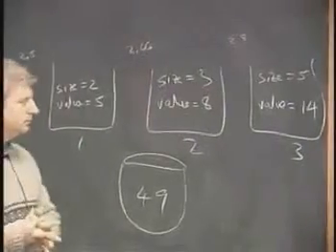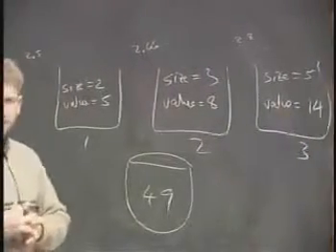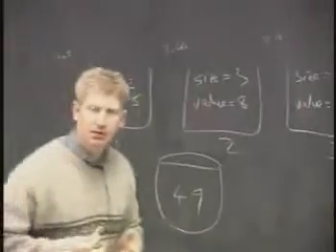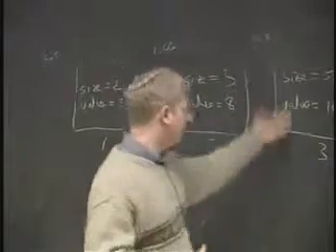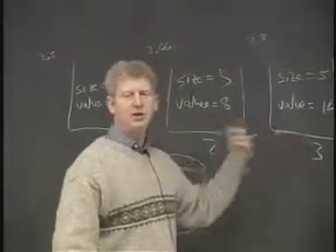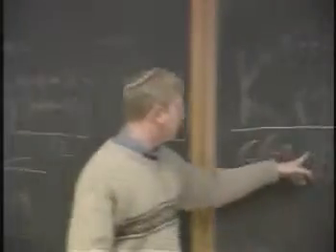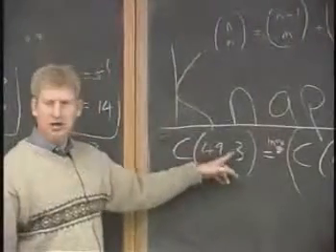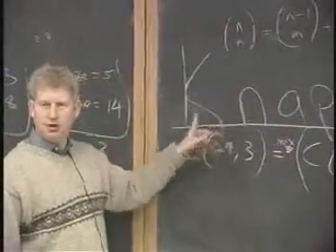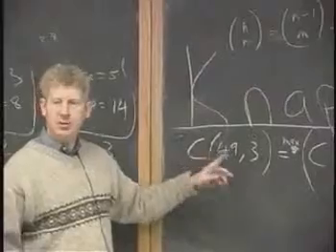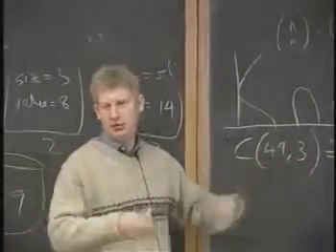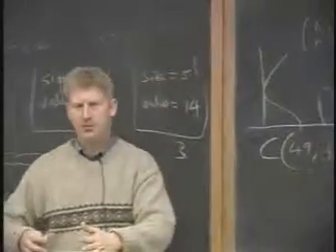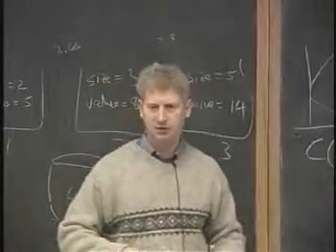You wrote it picking from the third box. You could do it with the second box or the first box. Say that again, Neil? I focused on the third box. I could have written it the other way, but then it would go against what I mean by this notation. What I mean by this notation is you have a knapsack of 49, and you can choose from any of the boxes starting at 1 up to this. So when I do the recursion, I just work my way back from the larger numbered boxes.